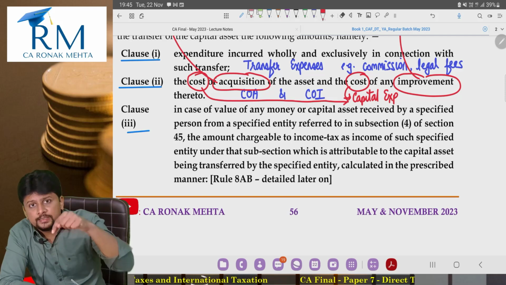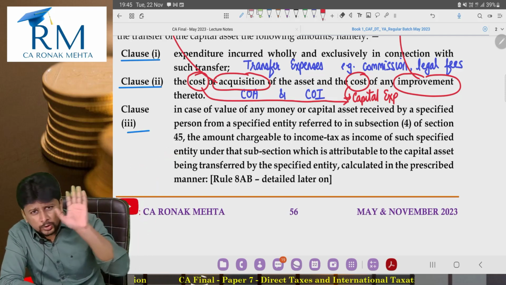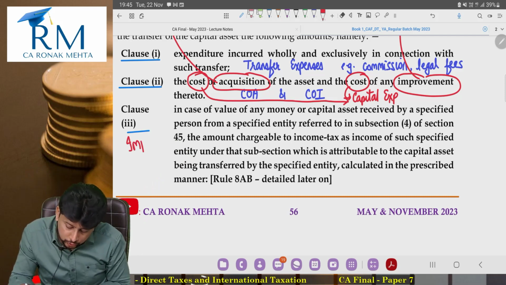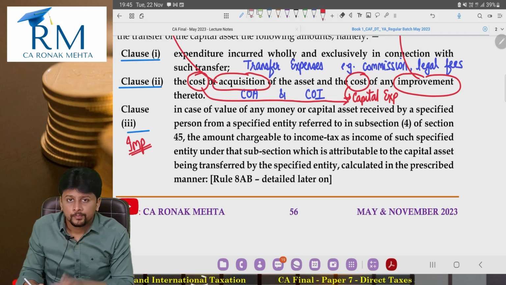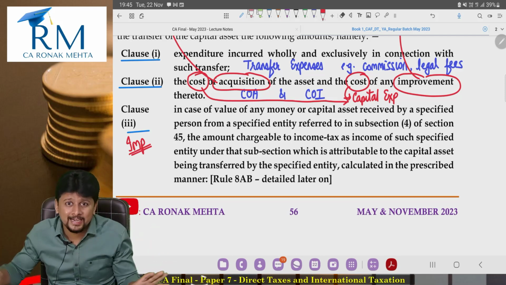This point is inserted by Finance Act 2021, last year's budget, only to be studied at CA final. Actually speaking, super important. But if you observe one thing, yes, it did not make any sense right now.